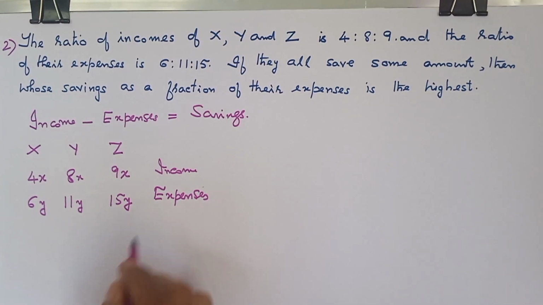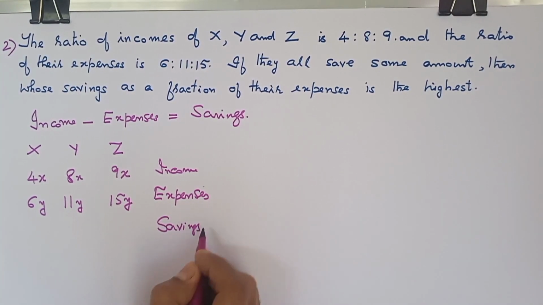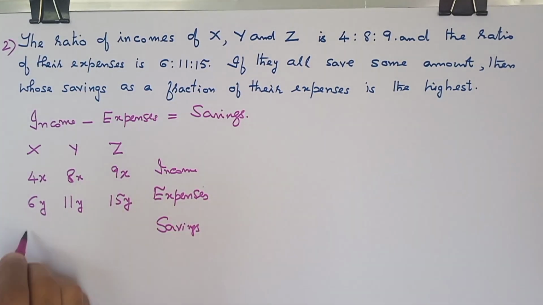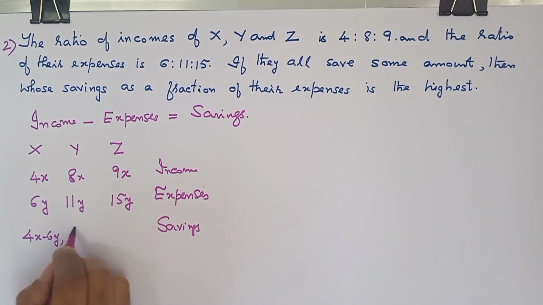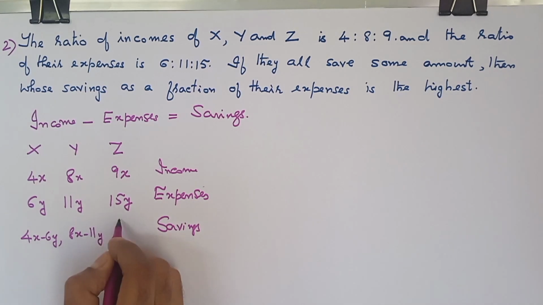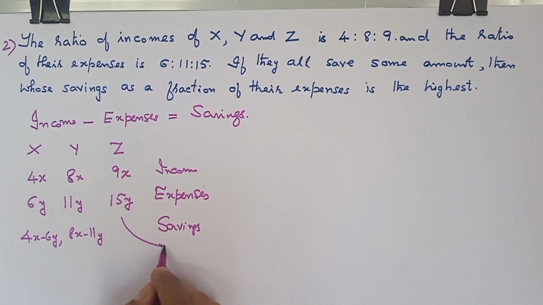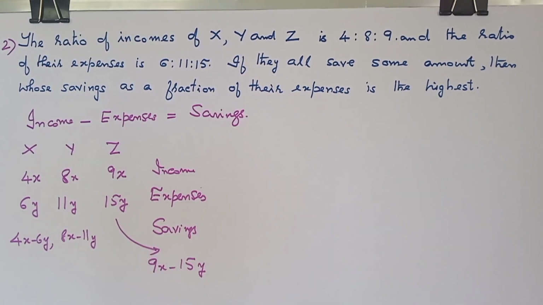Now how do you find out their savings? As given here, you subtract. So the savings will be, okay, we don't have space here, let me write here, 9x minus 15y.